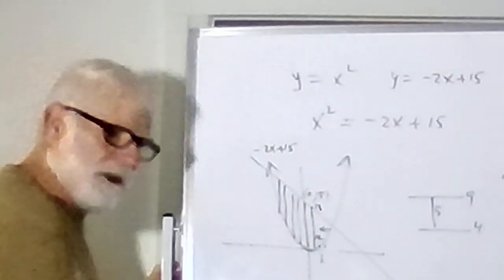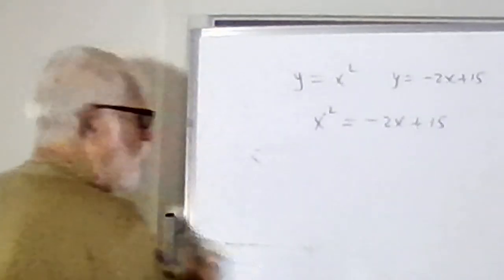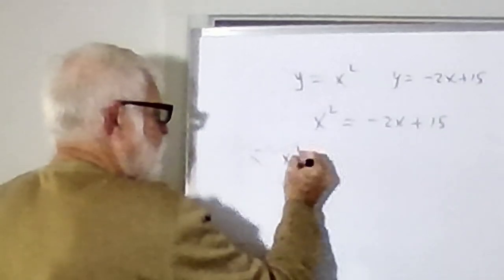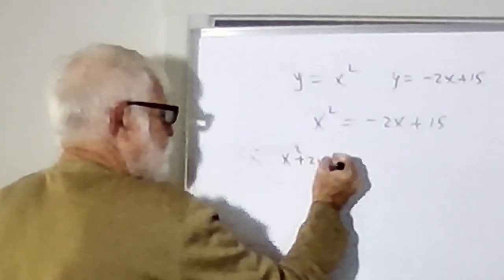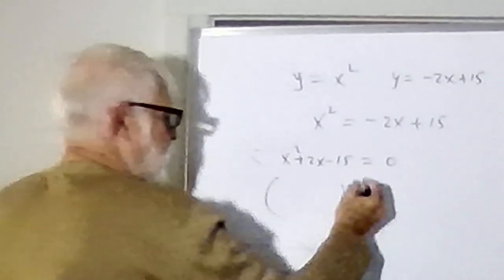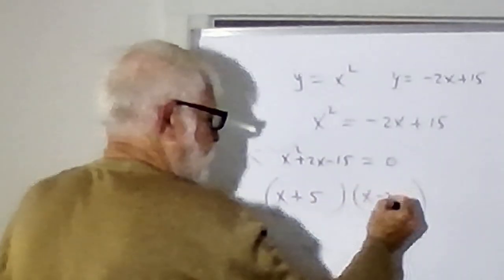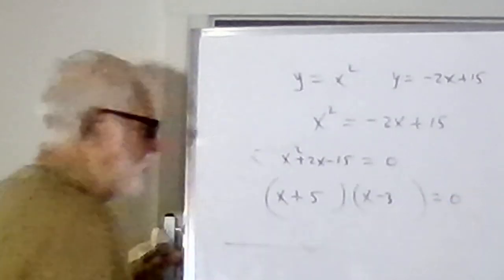All right, so what are we going to do here? We're going to erase a little bit, and we're going to do our Algebra 1 skills. We're going to solve this for the point of intersection. And we can see that they intersect at x plus 5, x minus 3 equals 0. So at negative 5 and 3.